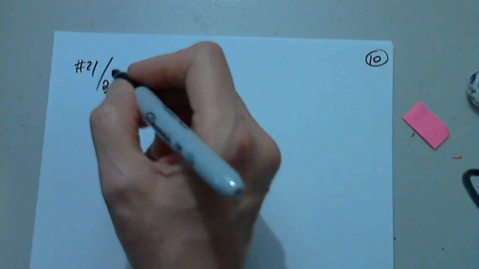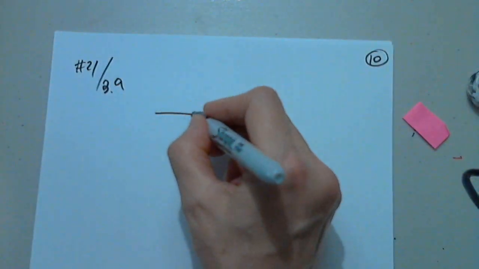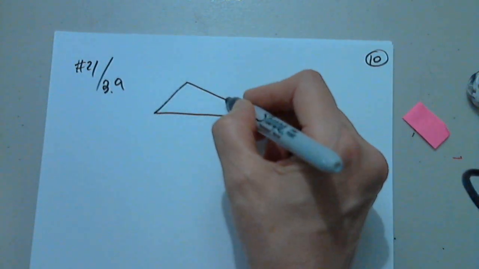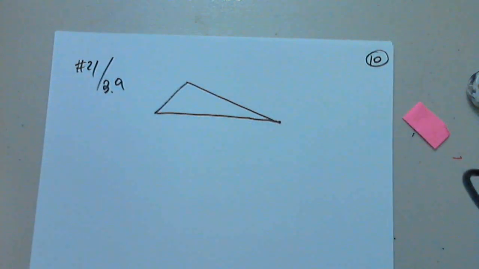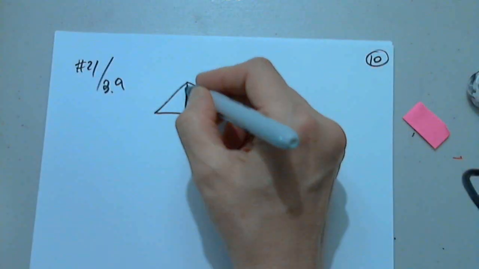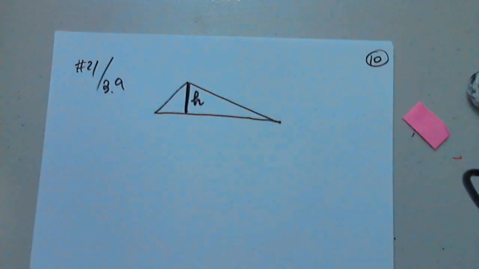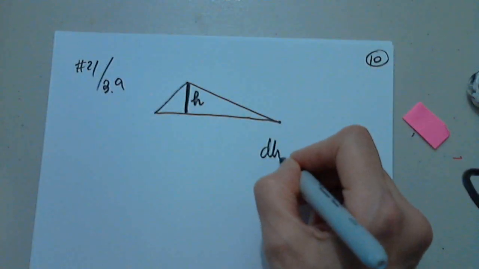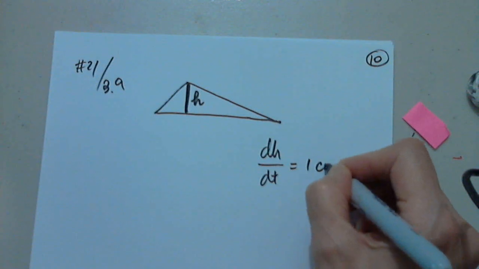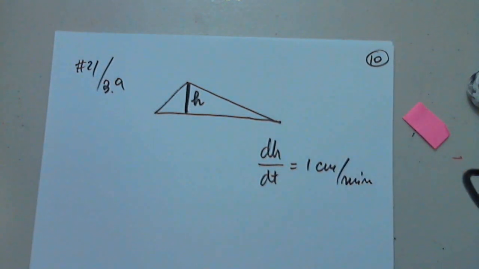And 3.9. So we have a triangle. The altitude, which is the height, is increasing at a rate of 1 centimeter per minute. So dh over dt equals 1 centimeter per minute.